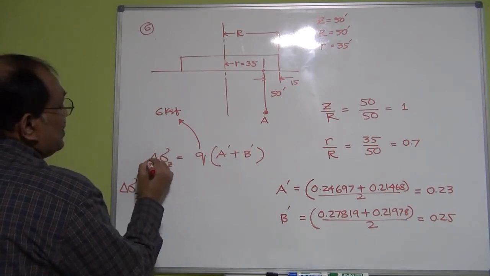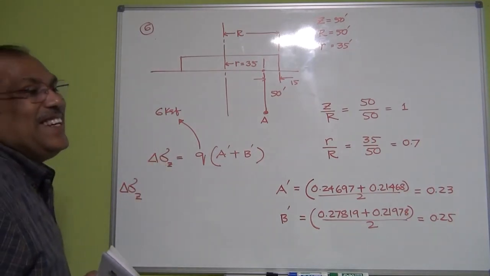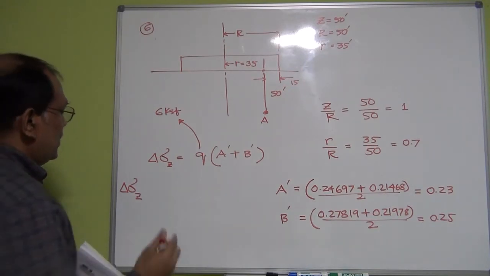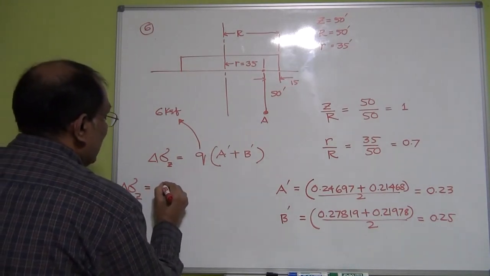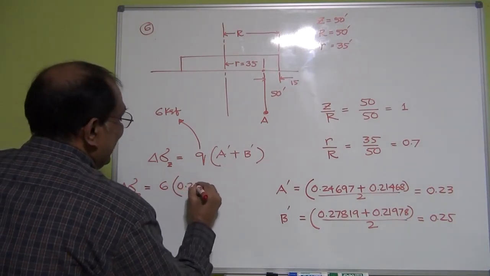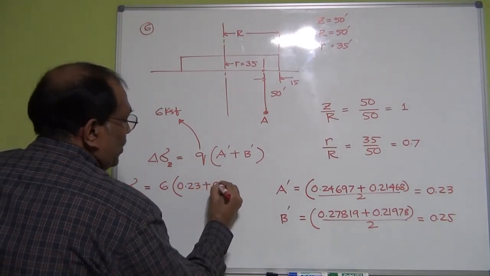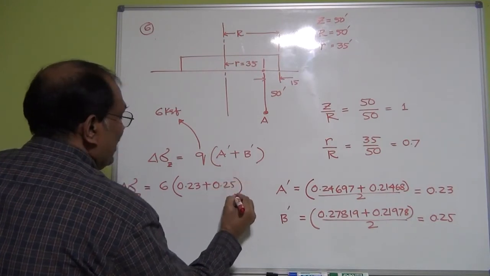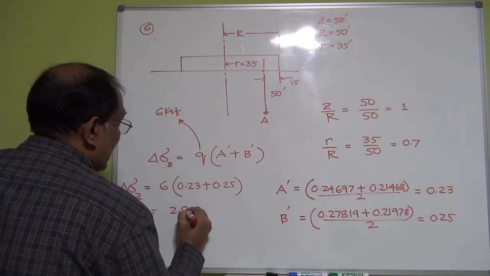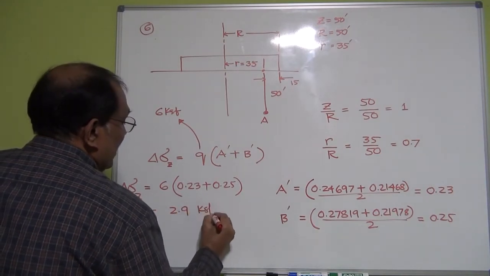So if you plug those values in, your del sigma z, meaning the increase or change in your vertical stress, would be 6 times 0.23 plus 0.25, which is actually 2.9 ksf.